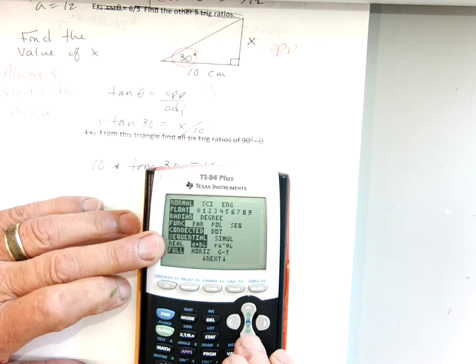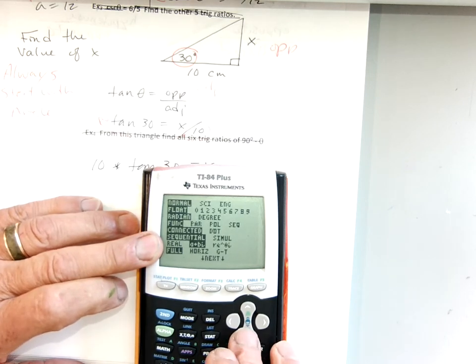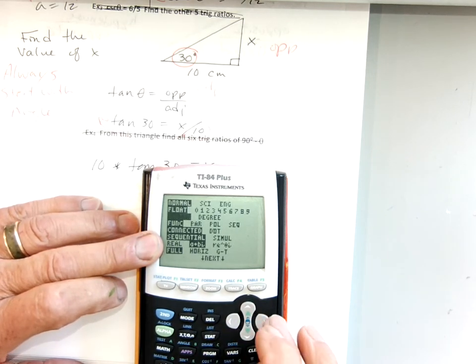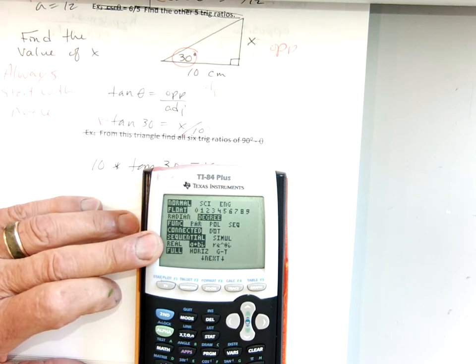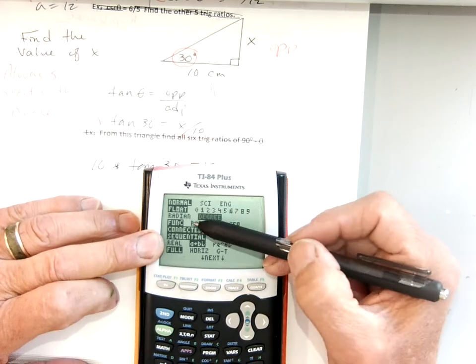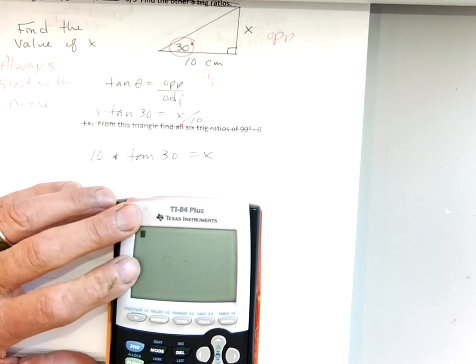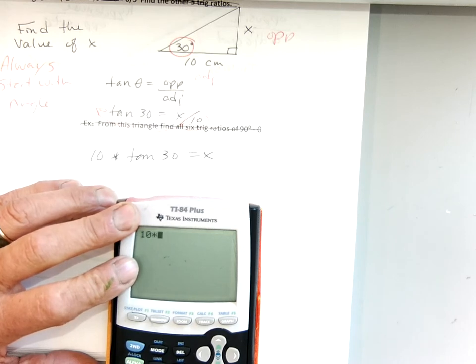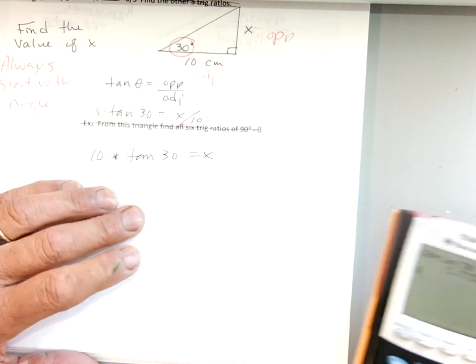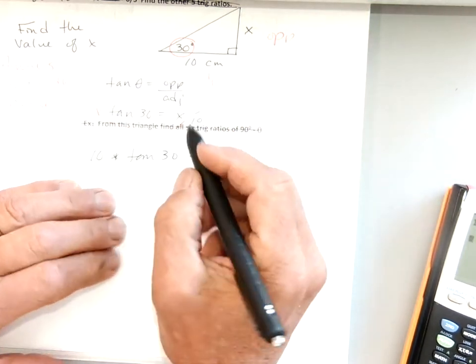If you go into your mode, we want to be in degree mode. My pre-calc kids have been doing things with radians. If I just go 10 times the tangent of 30, I get an answer, 5.77, and that's the length of that side.